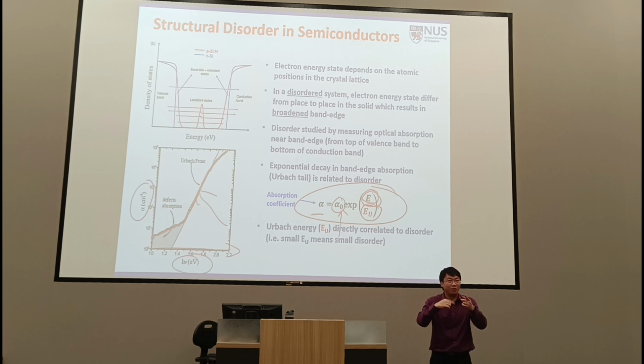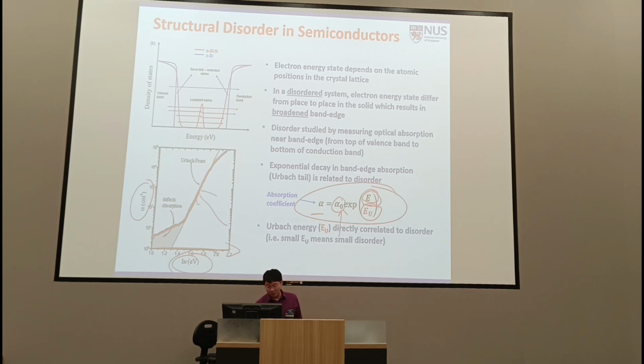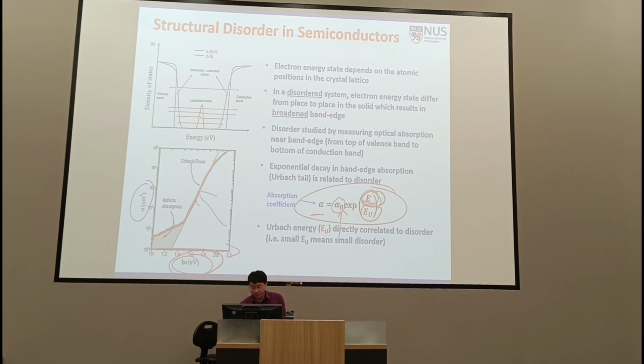We can basically interconvert energy with wavelength. So some people might be more used to a spectrum that has wavelength at the bottom here. It's the same. You can plot it in terms of energy as well. But anyway, this is the x-axis, the energy of that excitation.